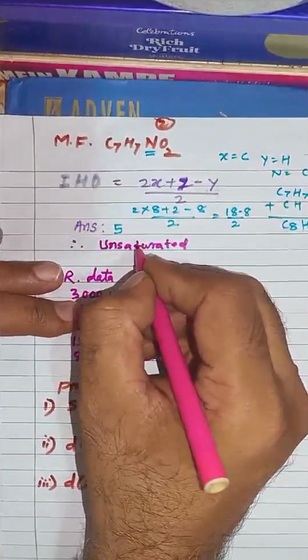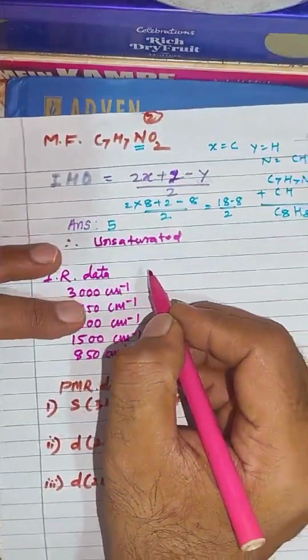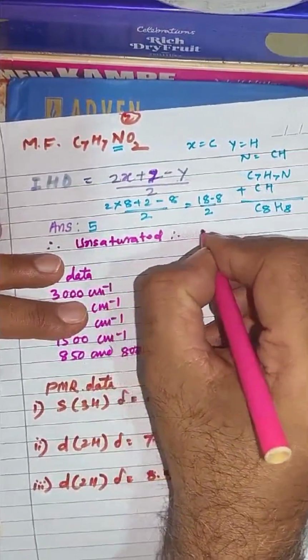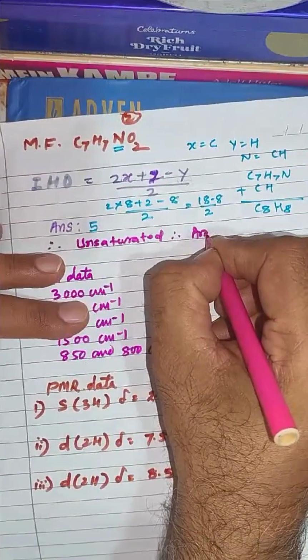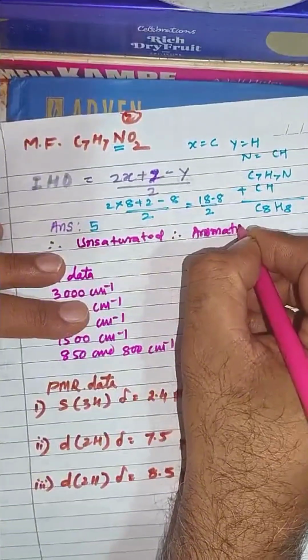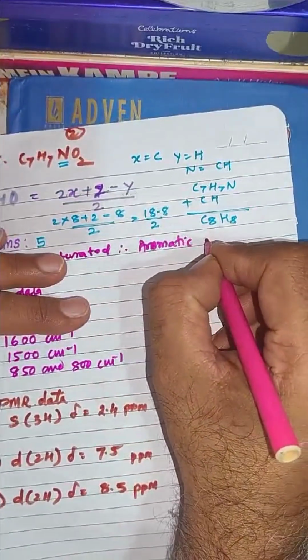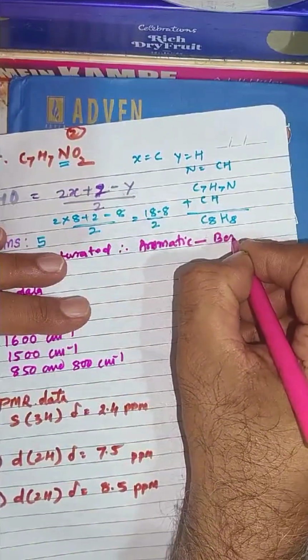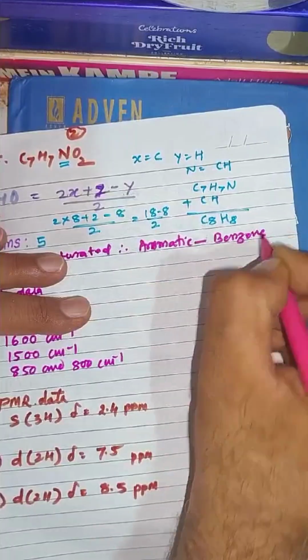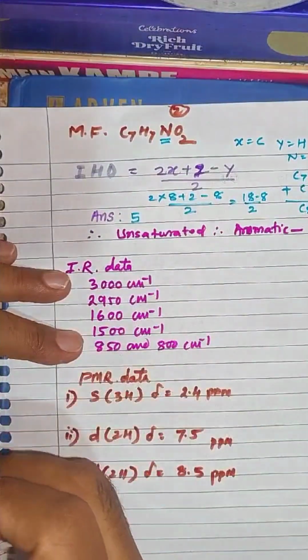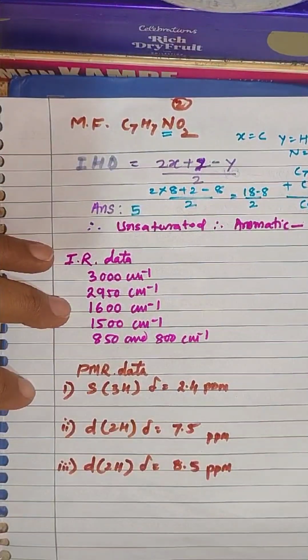There are 5 unsaturations and more than 6 carbon atoms, so we can say it is an aromatic compound containing benzene. This is a conclusion we can draw. The second is the IR.